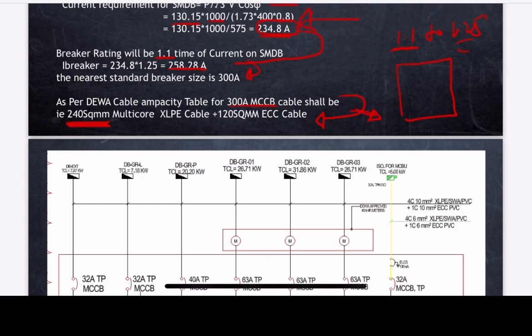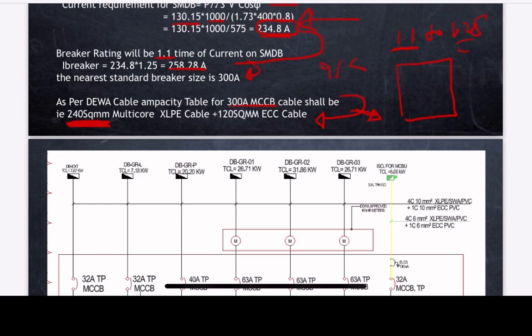If the voltage drop is more than 4% of the system voltage, then we have to go for a higher size of cable in order to reduce the voltage drop. Okay, but this will be a separate topic which will be covered in an upcoming video of this series. As of now, consider that the selection of this cable will have a voltage drop less than 4%.